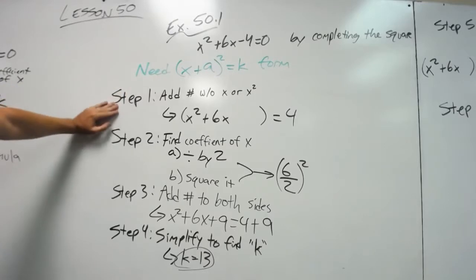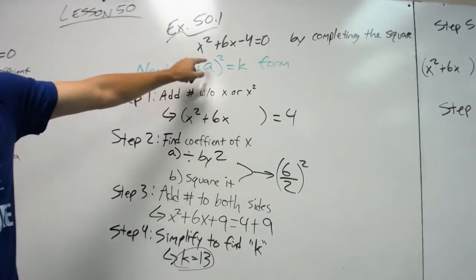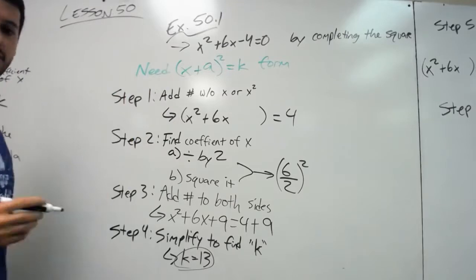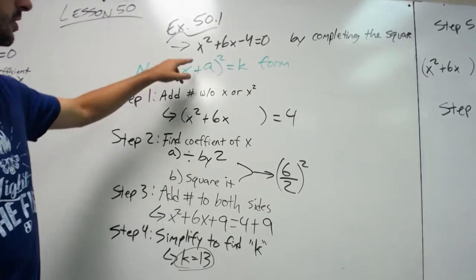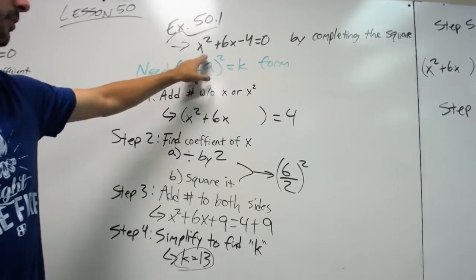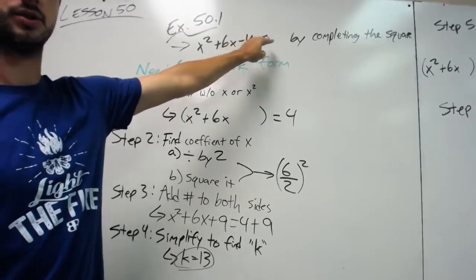Let's look at step 1. Step 1 is add the number without the x or x squared. This is our problem. Which number is not connected to an x or x squared? Well, that's our negative 4. What we want to do is start by adding this to the other side.